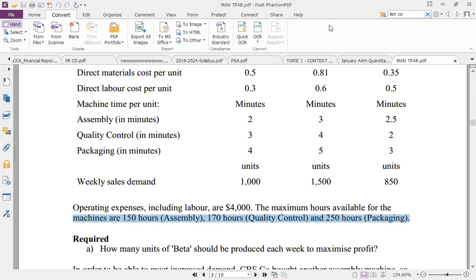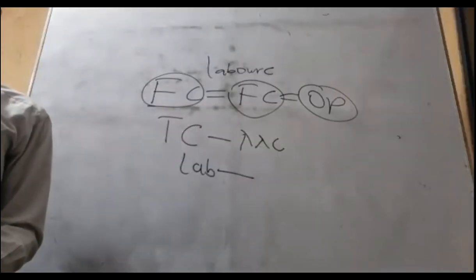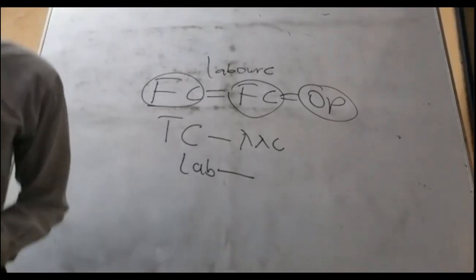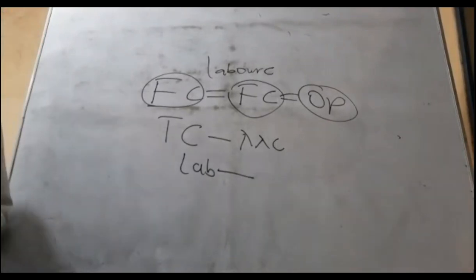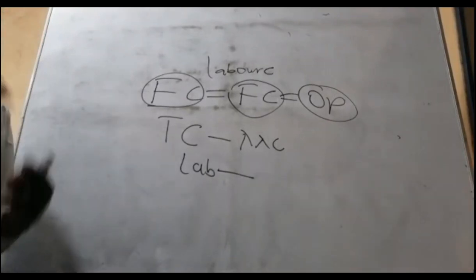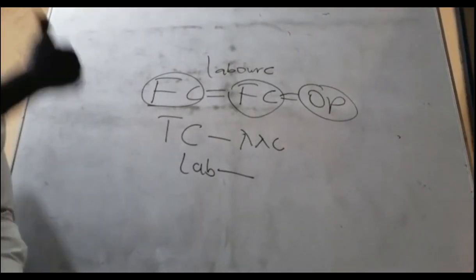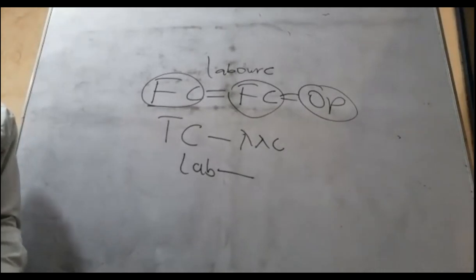So let's start with the steps. We said that if you want to determine the optimum production plan, the combination of the product or the unit that they should produce, then we should go through a few steps. Who will tell me the first step from the previous lecture?